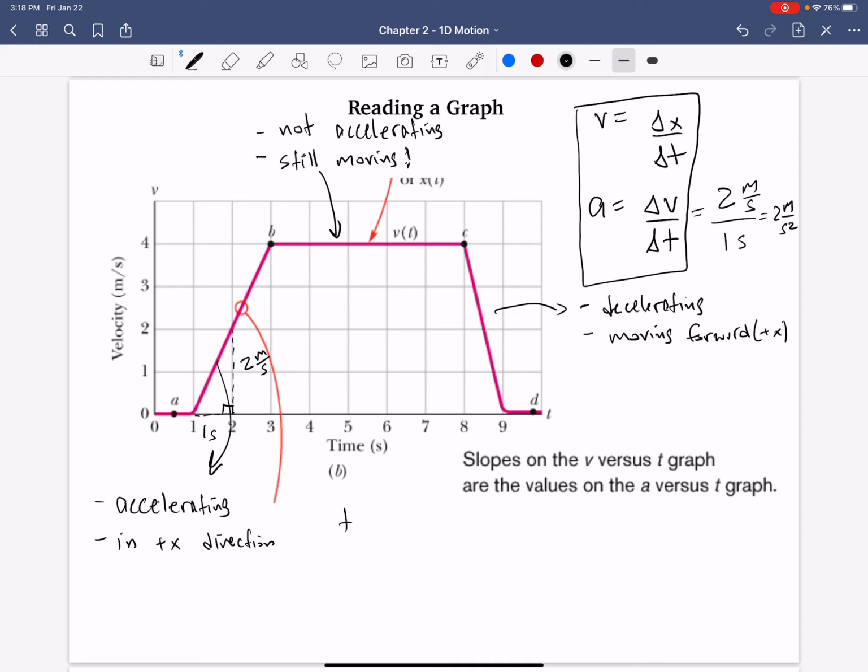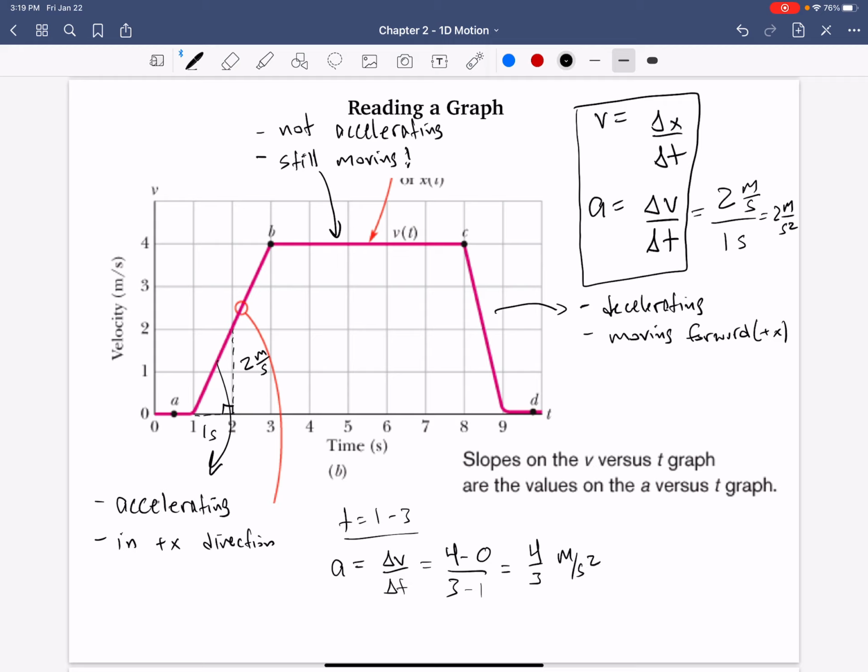So between t equals 1 to 3 seconds, let's see what happens. The acceleration equals delta V over delta t, right? So delta V, we have 4 minus 0 divided by 3 minus 1. And so here we have 4 thirds, or 1.33 meters per second squared.